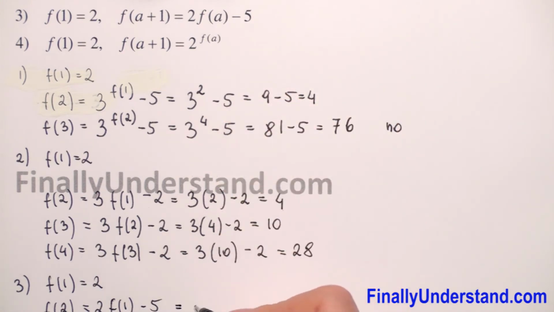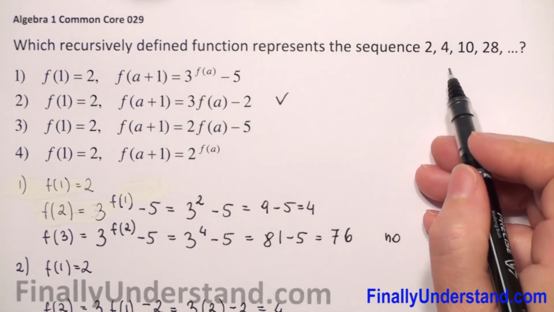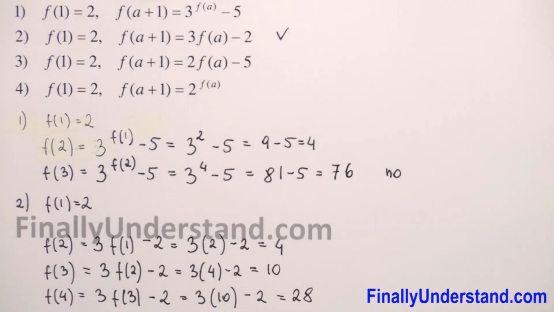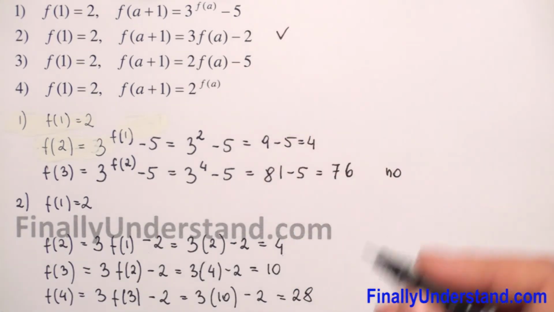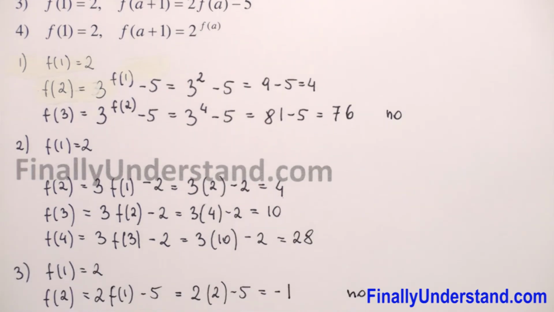So this is equal to 2 times f of 1, which is 2, minus 5, so this is 4 minus 5, which is negative 1. Our second term is 4. So we see that this is not our solution.